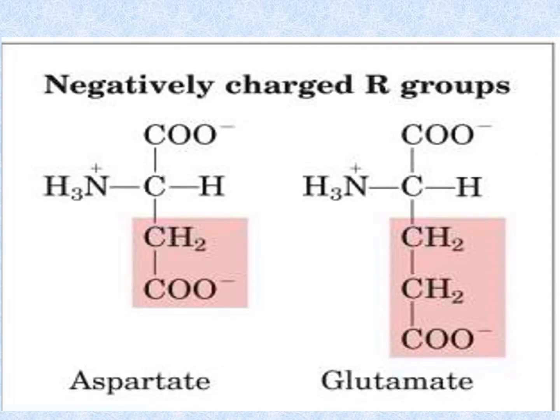Now let's move on to the negatively charged R groups that we can find in the side chains of your aspartate or aspartic acid, other term, and glutamate or glutamic acid.